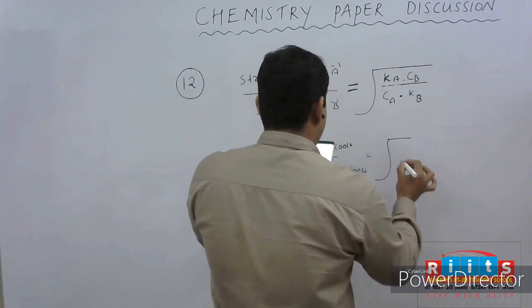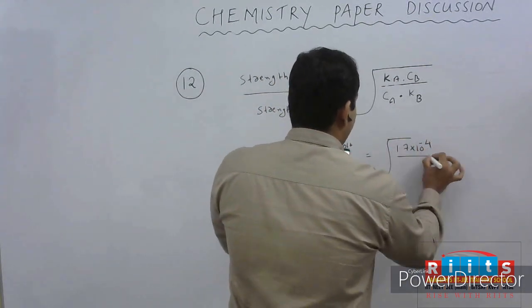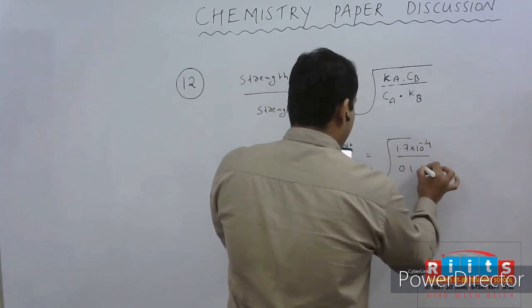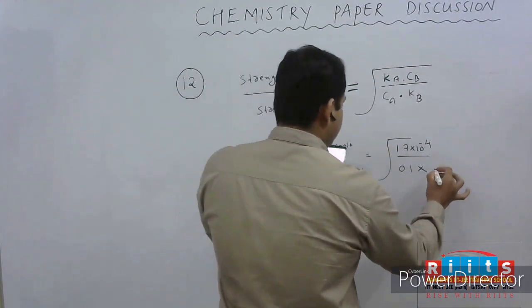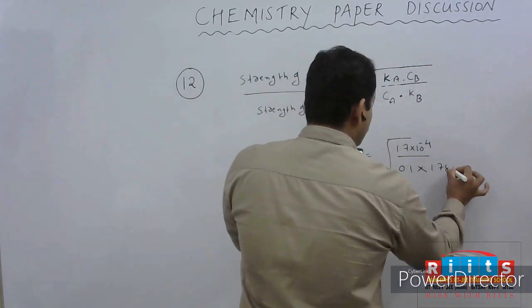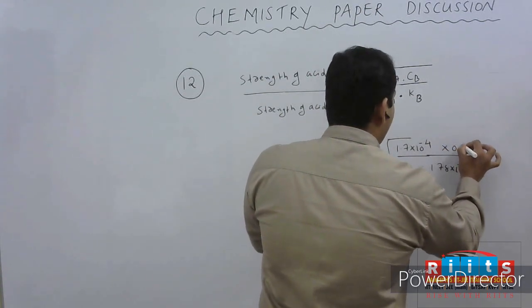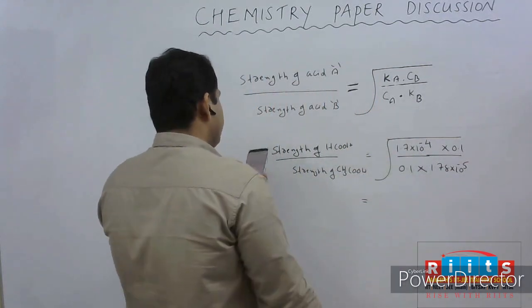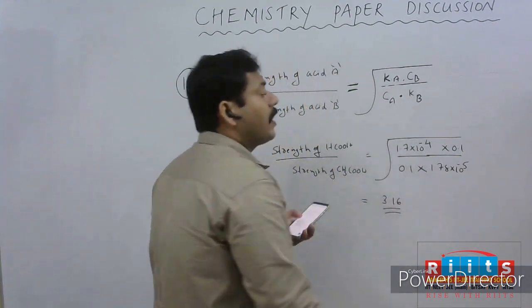It is given as 1.7 into 10 raised to minus 4, divided by the concentration, which is equal in both cases, 0.1. What about the dissociation constant of acetic acid? Acetic acid is 1.78 into 10 raised to minus 5. Here also the concentration is 0.1, right? After that we can do the remaining steps. The final answer will be 3.16. So this is the correct answer.